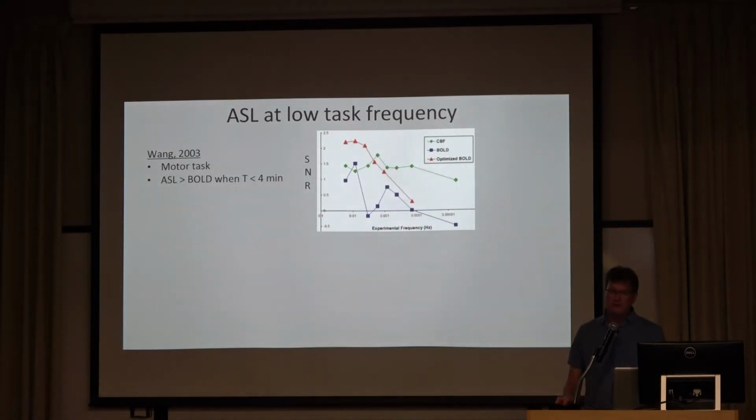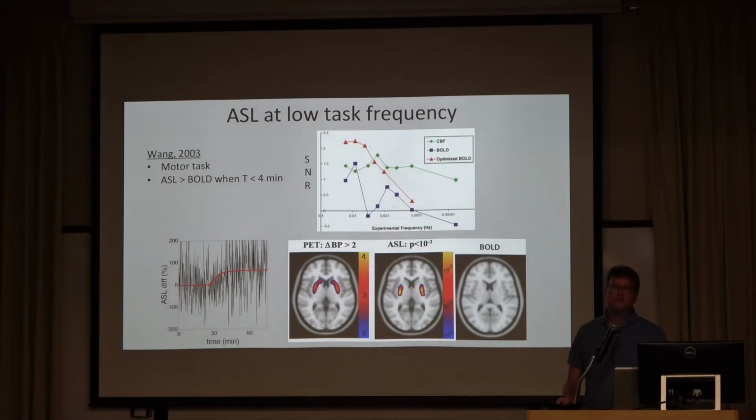But there are also advantages in situations where you absolutely want to use ASL. And there may be other alternatives, but this is an example. So first, it's a low task frequency. So let's suppose you want to image a drug, right? And this is an example on the bottom where we were doing PET-MRI. So we give a subject an antipsychotic, which has been repurposed as an antiemetic.